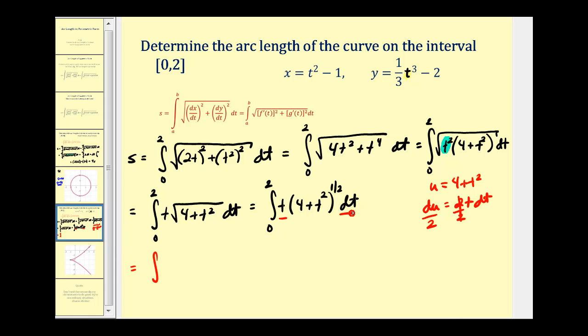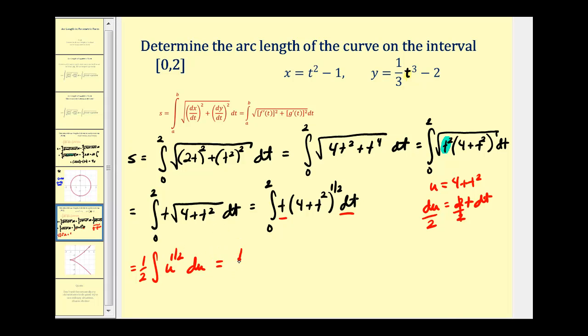Again, t dt is equal to 1/2 du, and 4 plus t squared is equal to u, so this is just u to the 1/2. We'll temporarily leave off the limits of integration, since now we're in terms of u, not in terms of t.